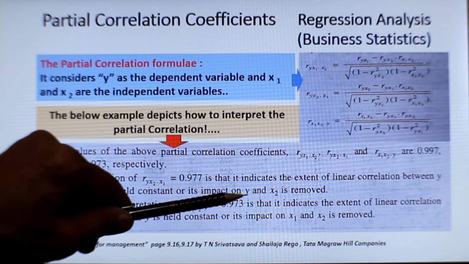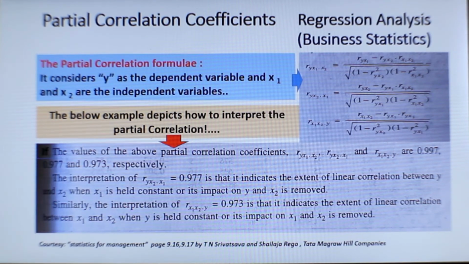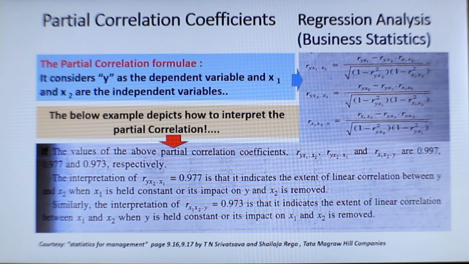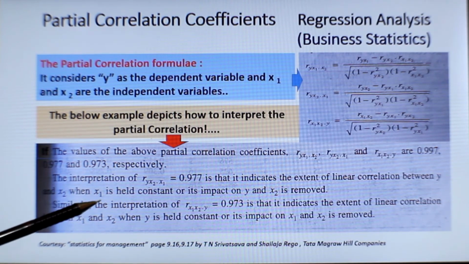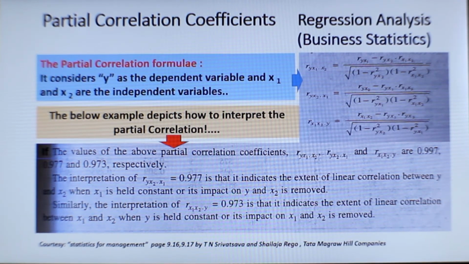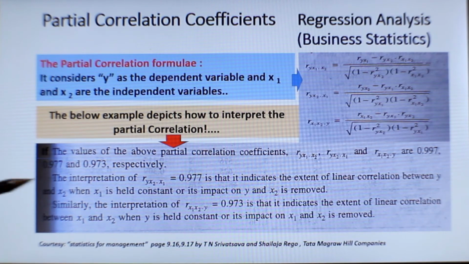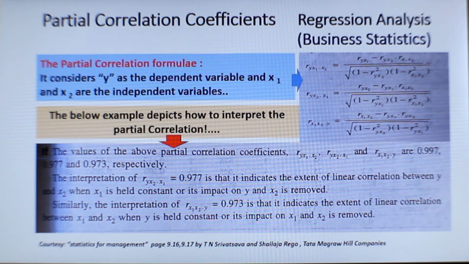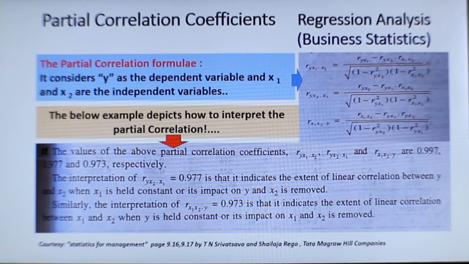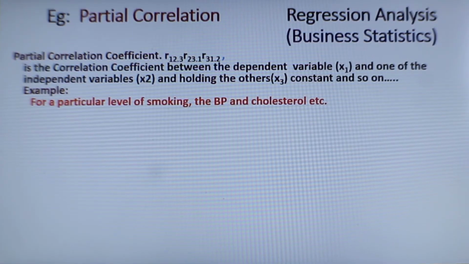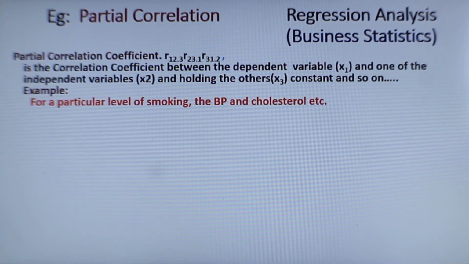Its impact on y and x2 is removed. So that means either you hold x1 at a constant value or remove it. Don't consider that. Same way you can interpret the other partial correlation coefficients also.